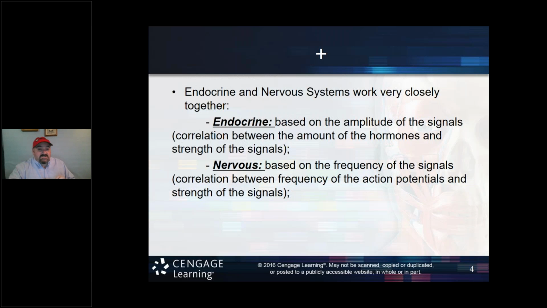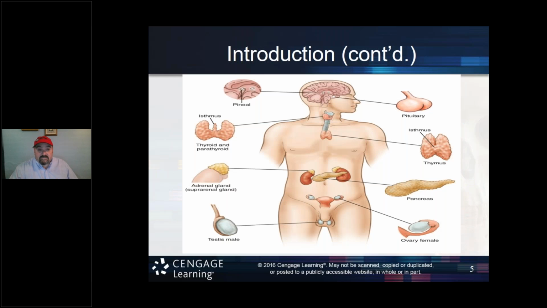Whereas in the nervous system, we have fast-acting action in the neurons in the nerves, sending very quick messages to whatever area of the body, which in turn have a quick action. But it's not very long-lasting as far as the effect is concerned, whereas in the endocrine system, the effect can last for extended periods of time.